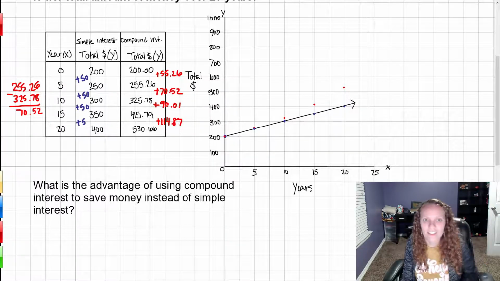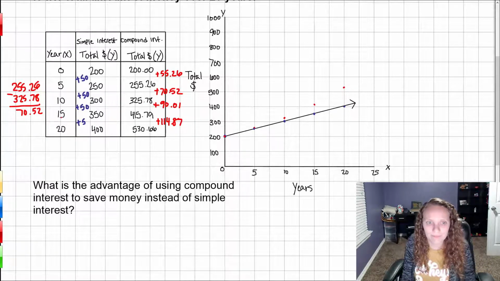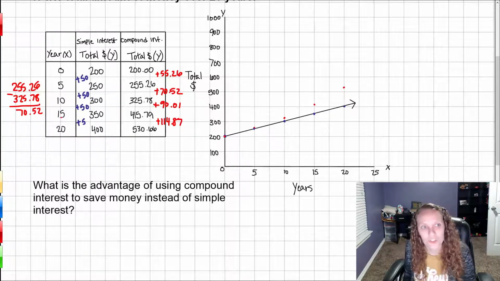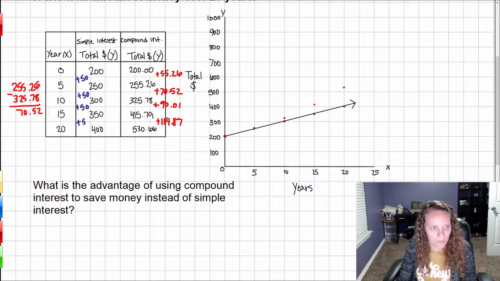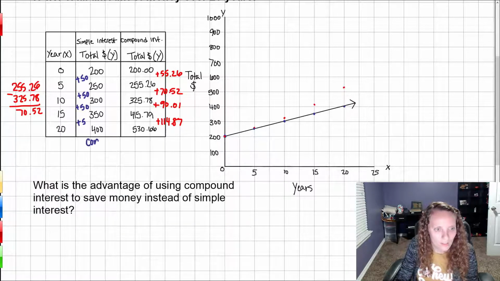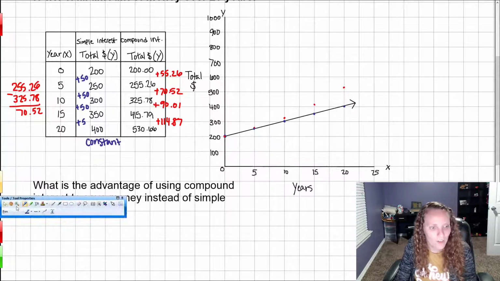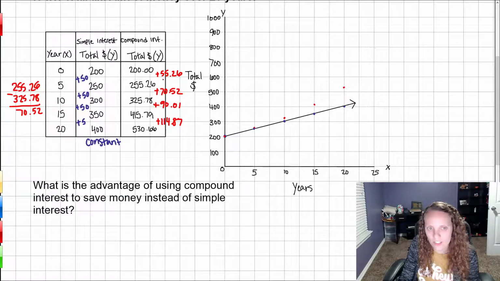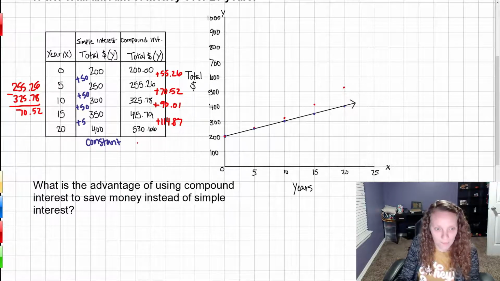So again, to find the difference between the two, you would keep subtracting like we did with the first one. So the simple interest was adding 50 each time. That is a consistent rate of change. The compound interest is not going at a consistent rate of change. Its number is changing each time.